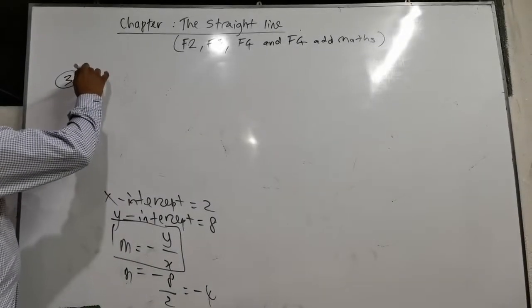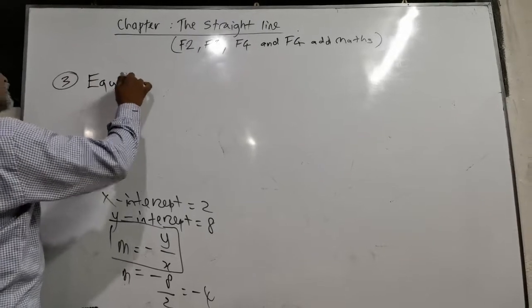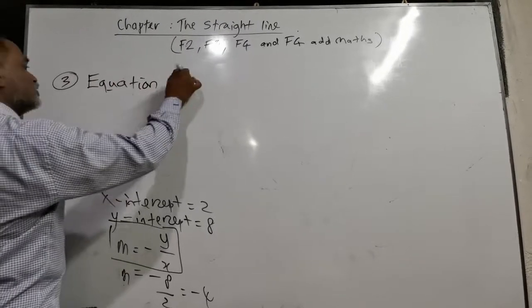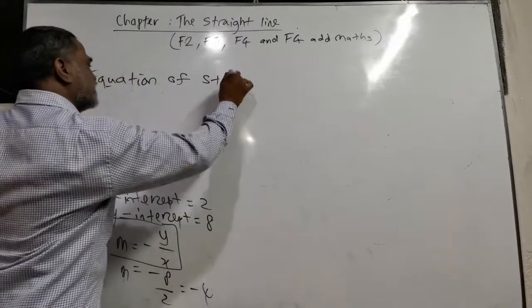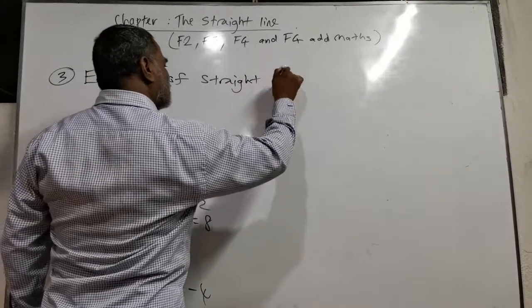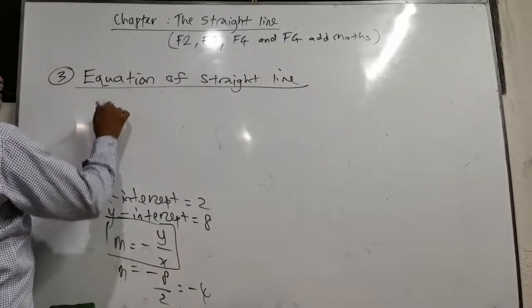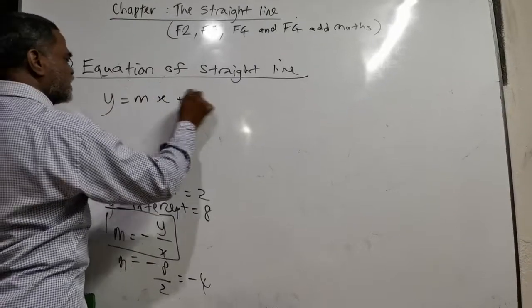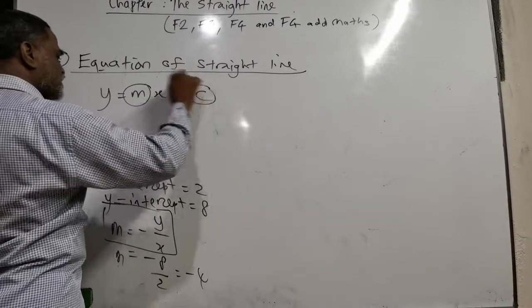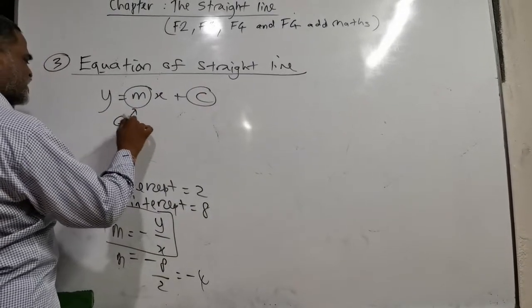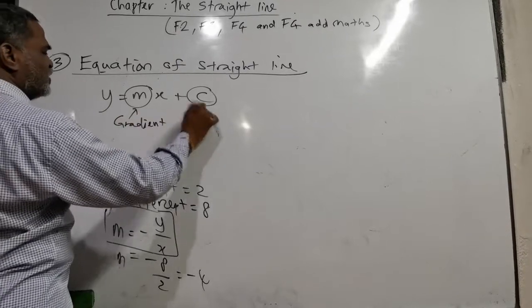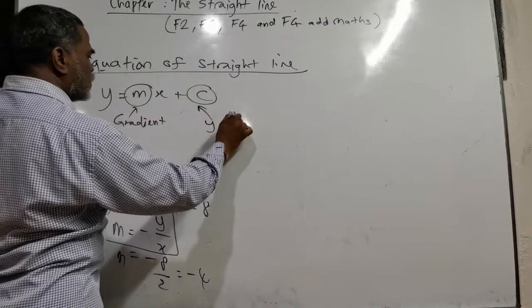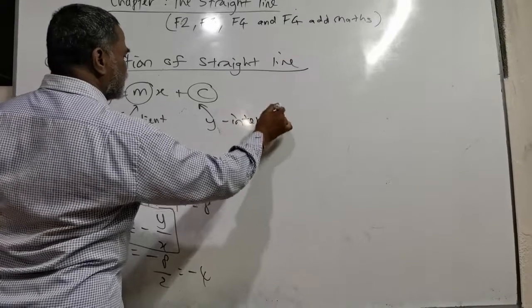A third aspect, equation of straight line. The formula is y equals mx plus c. You just need to find m and c. M is the gradient, and c is the y-intercept.